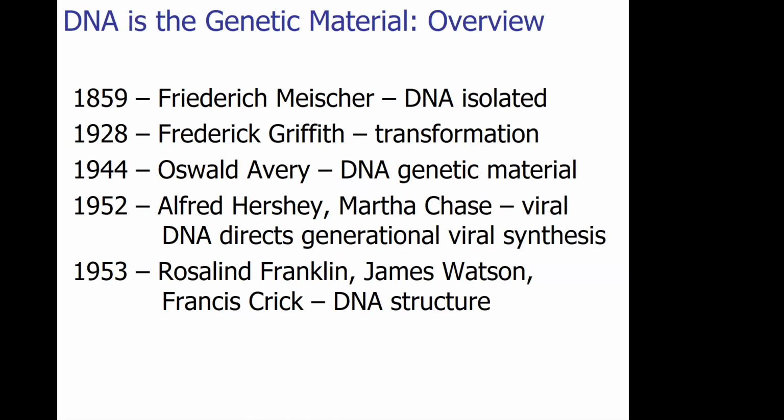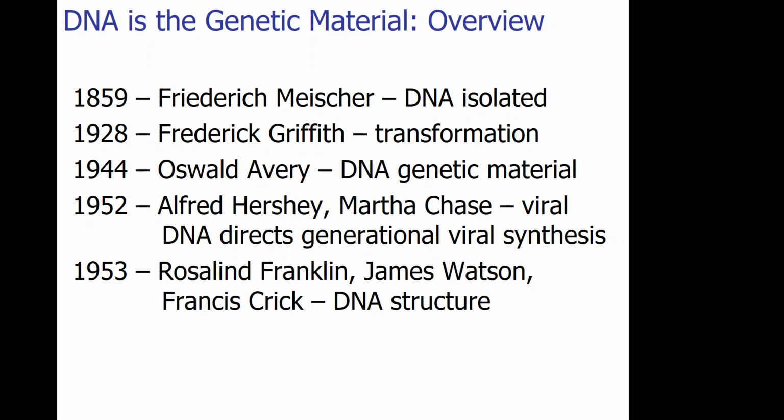Some individuals and a time frame for the discoveries that went along with DNA being determined to be the genetic material. Way back, a physician isolated DNA out of white blood cells.